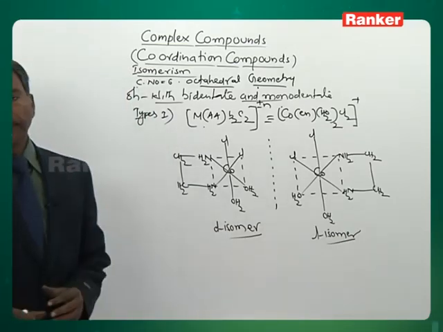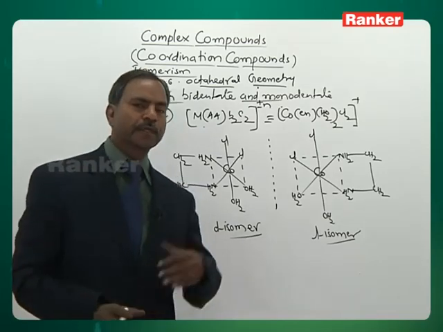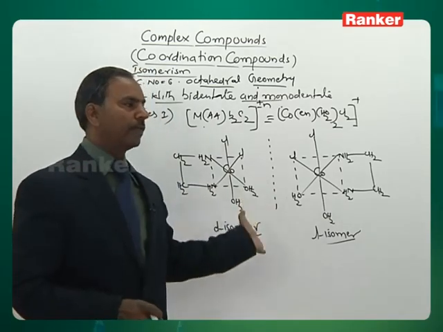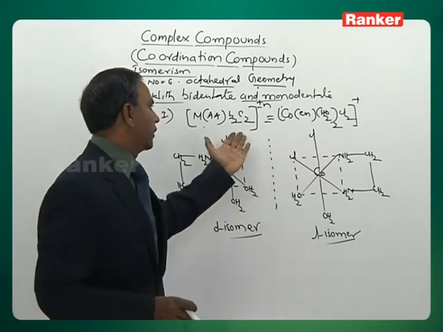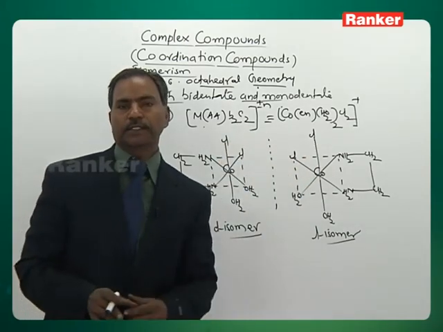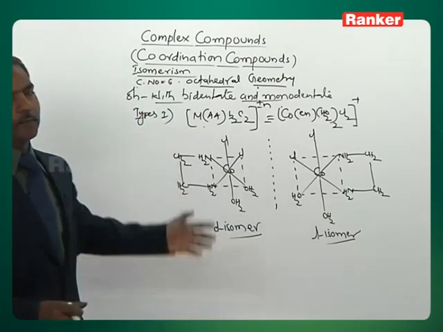Or AA taken twice, B2, next BC we are taken, M(AA)A2, B2C2. All these cis isomers are optically active, as shown on the three models.